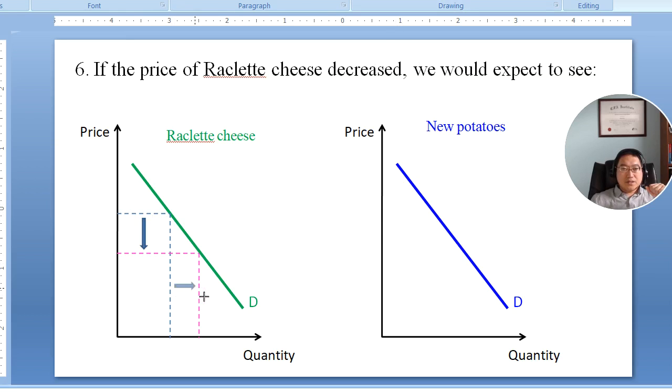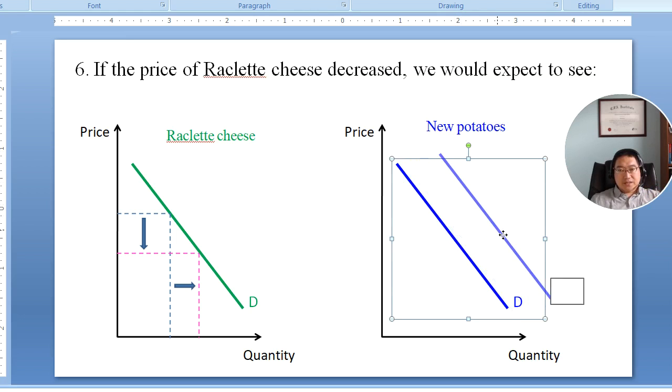Quantity demanded increases. That's what the law of demand tells us, or say what the demand curve tells us. The ingredients become cheaper, and you want to make that dish. You still need potatoes, so the whole demand curve shifts to the right.